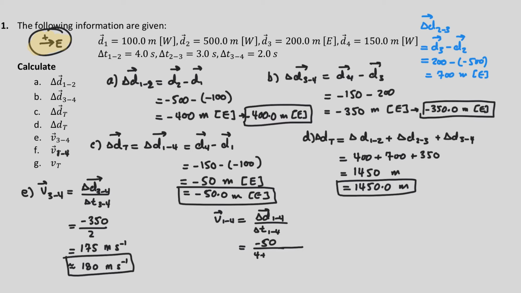So that's 4 plus 3 plus 2. And 4 plus 3 is 7, and then plus 2 is 9. And when I do my calculation, I get exactly 25 meters per second, and my positive direction is east. I'm still using that convention.